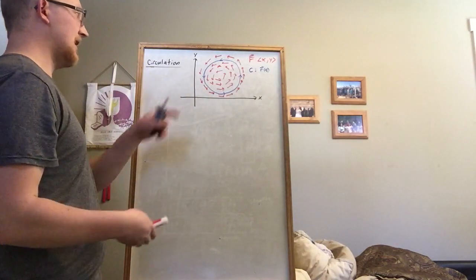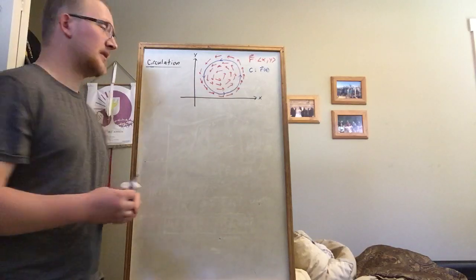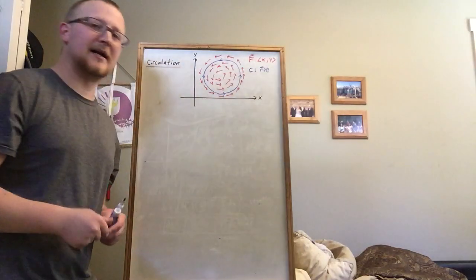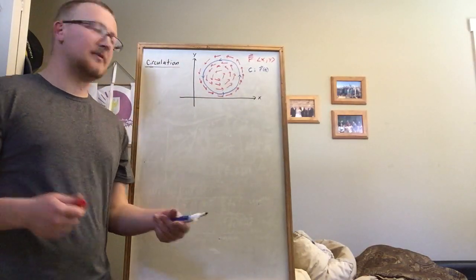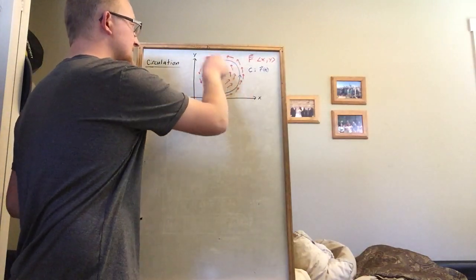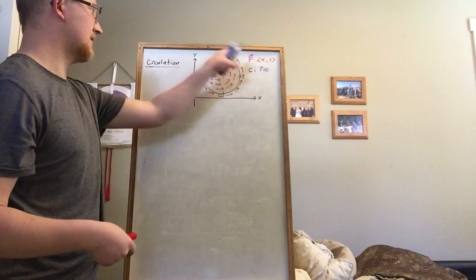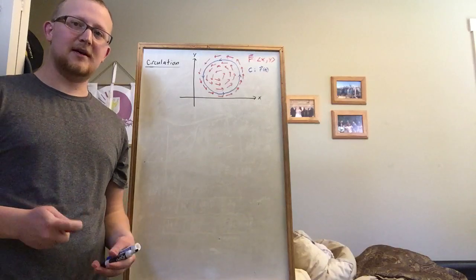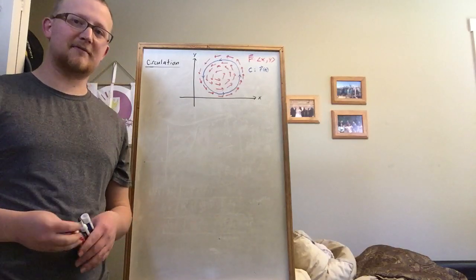So if you start somewhere and go back to that spot, and the sum of all of the circulation about this is zero, what you have is a conservative field. For example, gravity is a conservative field.